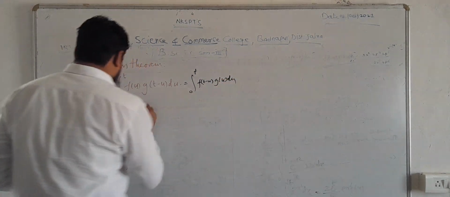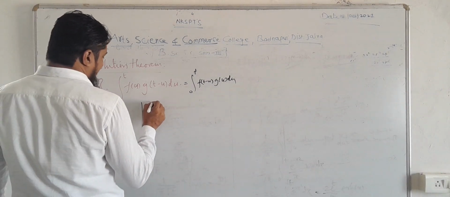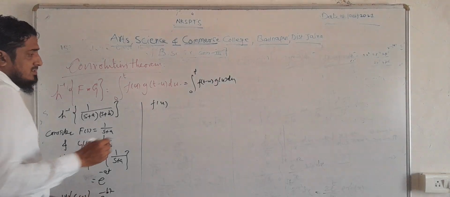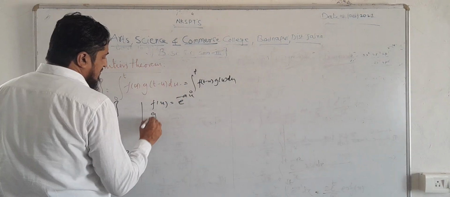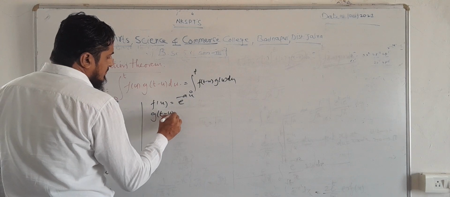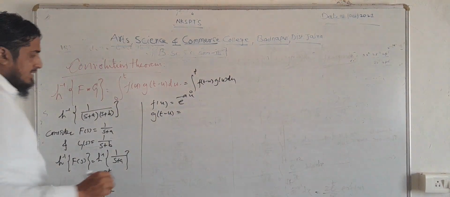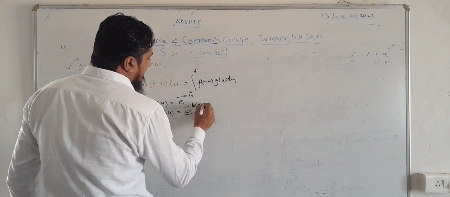Both are the same for this function. Now f of u will give us e raised to minus au, and g of t minus u means we will get e raised to minus b into t minus u.